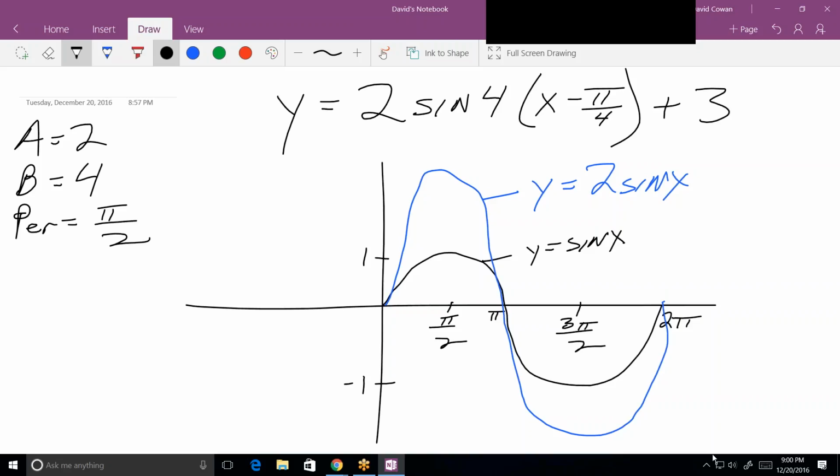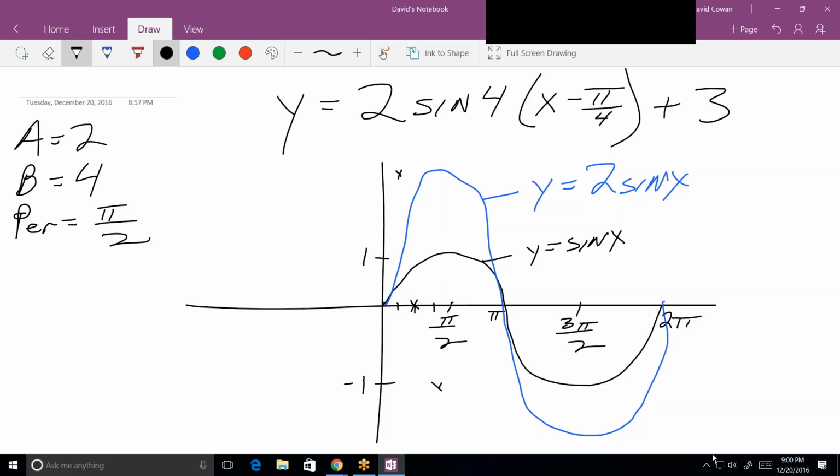That means for the green curve, I've got to draw the entire curve between 0 and pi over 2. So this curve, there's my quarter points, there, there, and there. So I've got to go up. In other words, this point is on the curve. This point is on that curve.